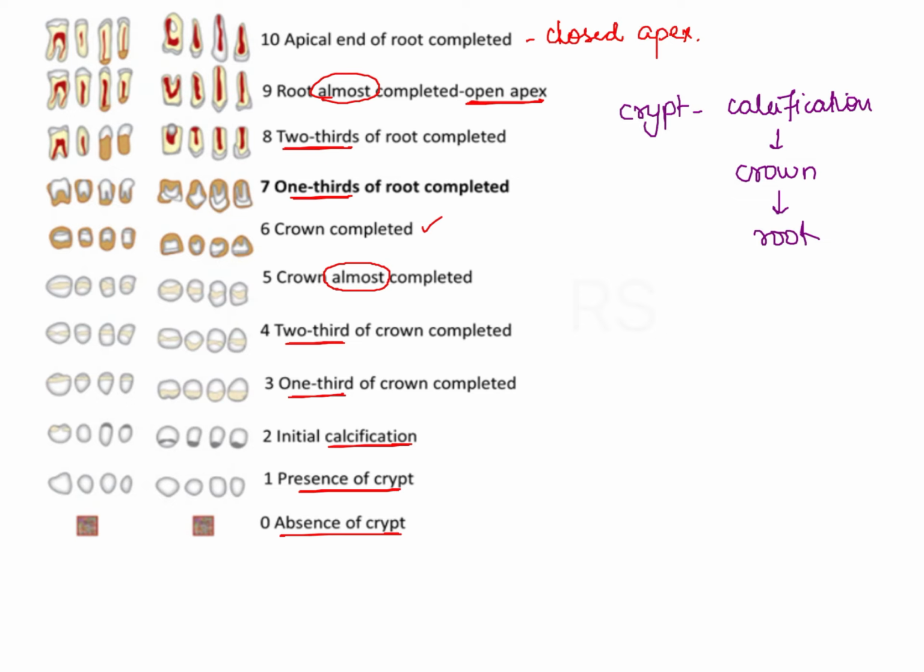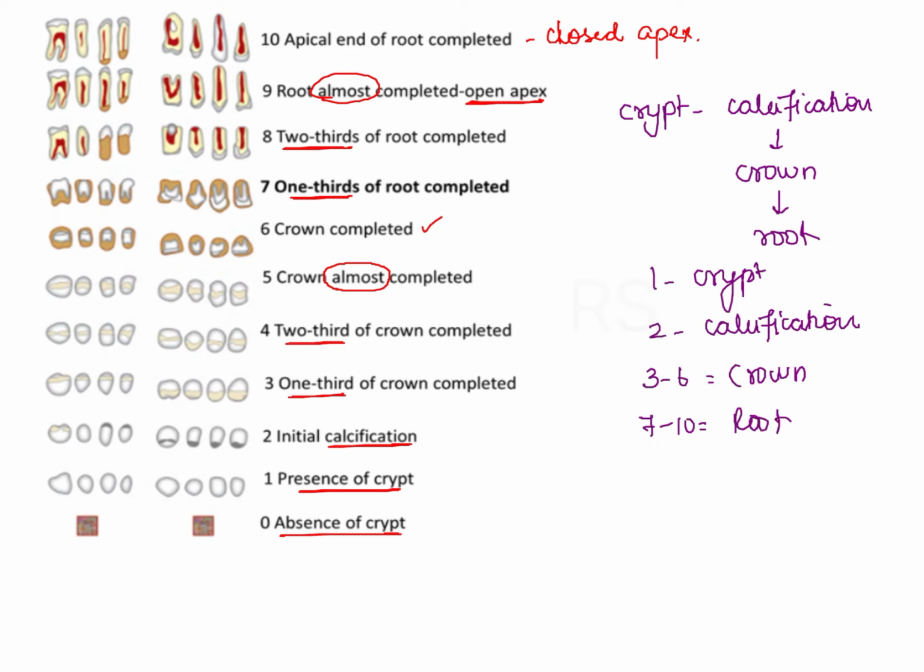So this is the sequence to remember these stages. That is, stage 1 stands for presence of tooth crypt. Stage 2 denotes the beginning of calcification, that is initial calcification, and stages 3 to 6 denote the different levels of crown completion, and stages 7 to 10 denote the different levels of root completion.